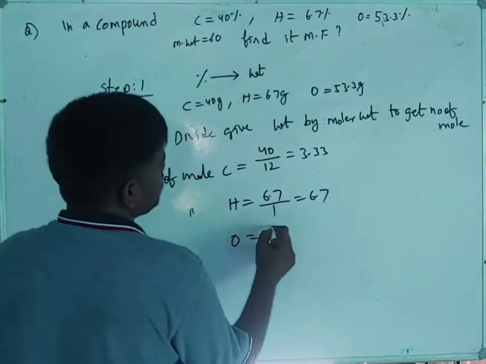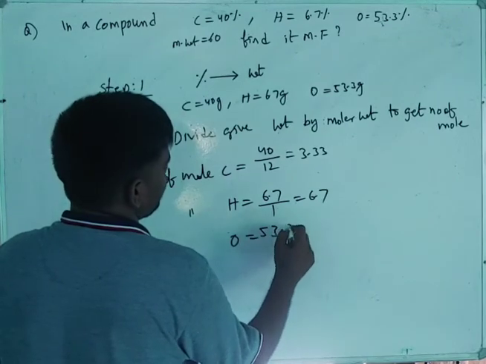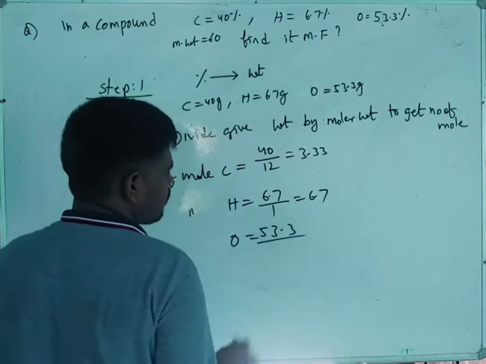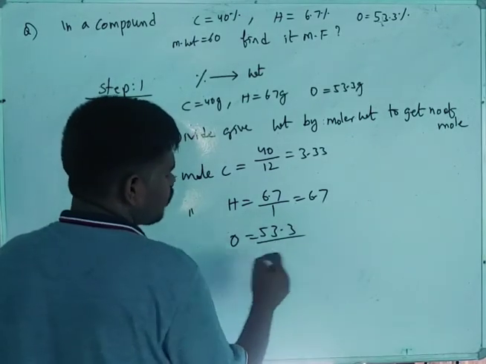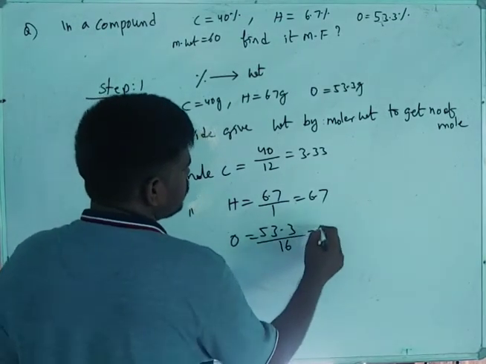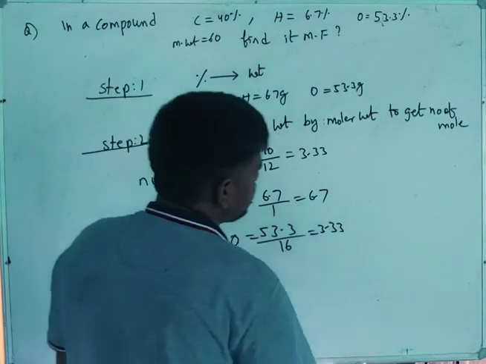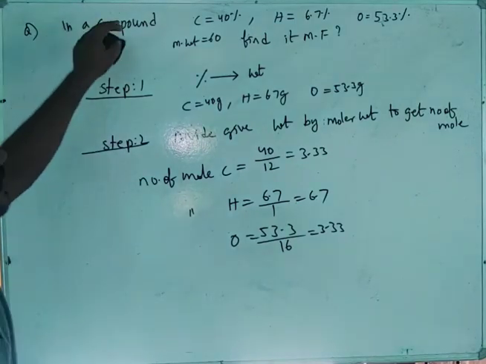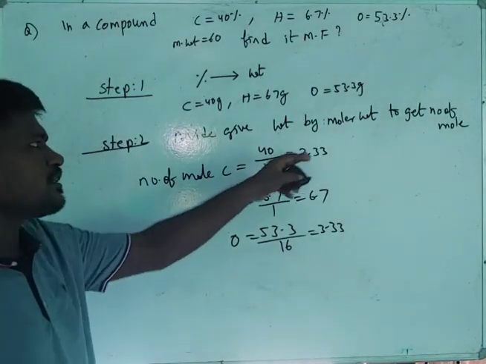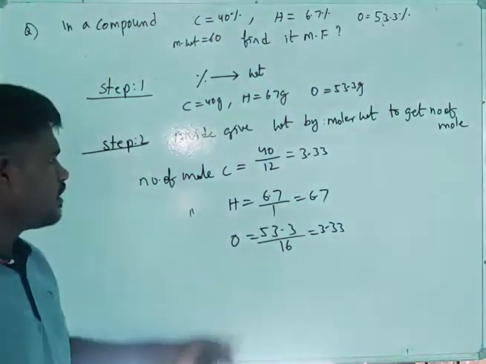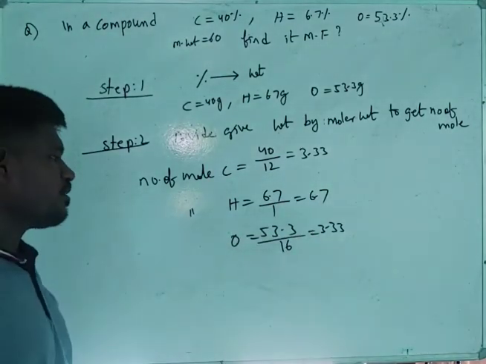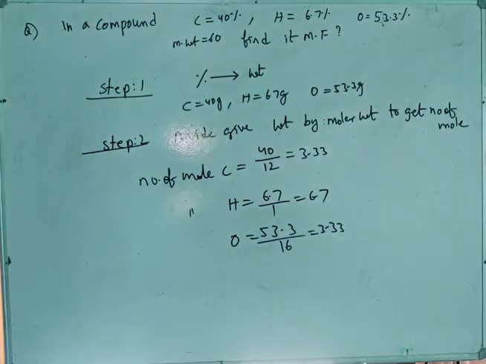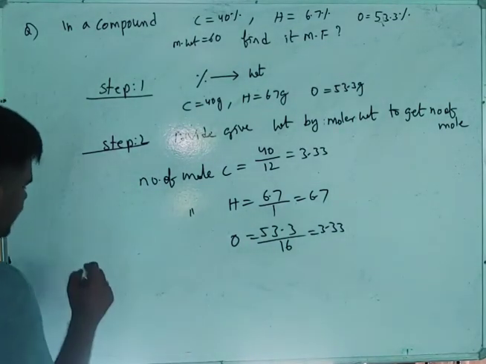And oxygen: 53.3 grams, that is the given weight of oxygen, we divide by the molar weight of oxygen, 16 grams, which is equal to 3.33. So now in this given compound guys, carbon is present 3.33 moles, hydrogen 6.7 moles and oxygen 3.33 moles.